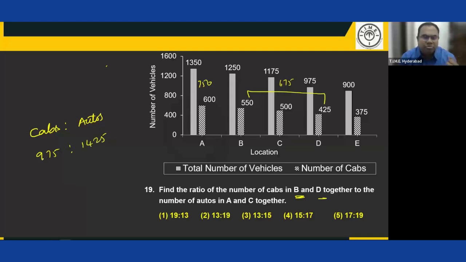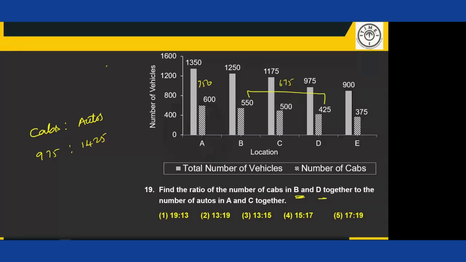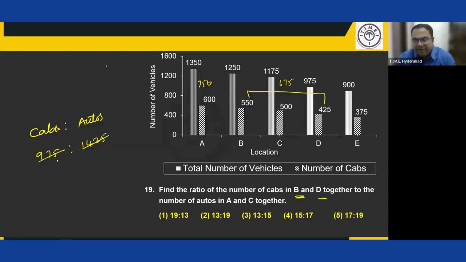Right. So I have to simplify this number. If you simplify this, you'll get option 2, 13 is to 19. Sir, we can take 75 as the common factor over here. You can take 75, or if you feel 75 is difficult, take 25.